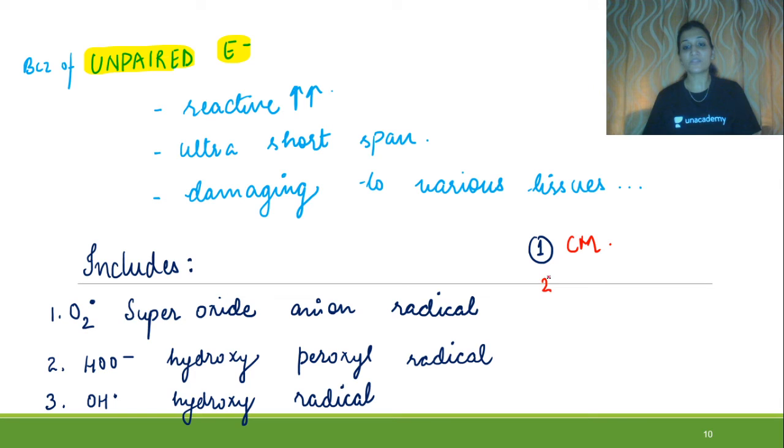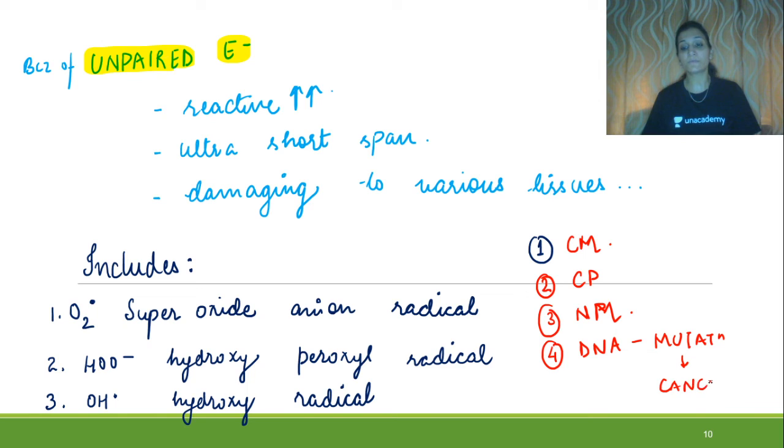Other places, cytoplasmic proteins, will be damaged. The third place will be the nuclear membrane. And after the nuclear membrane, it will also damage DNA, which will cause mutation and indirectly result in cancer. Right?